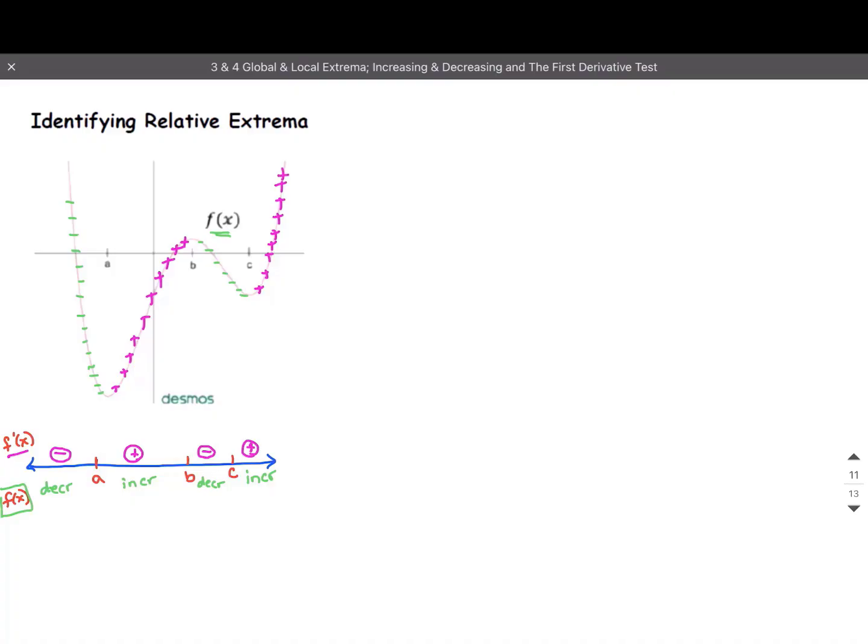So there's several things that we can say here. We can say that this graph, f of x, is increasing for a less than or equal to x less than or equal to b, and x is greater than or equal to c, since f prime of x is greater than or equal to 0.